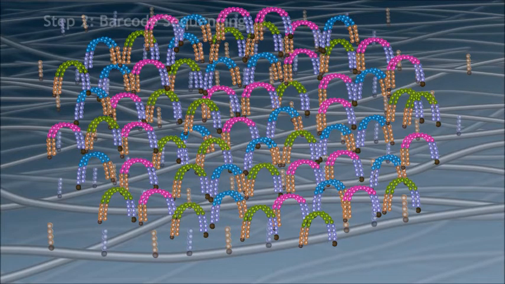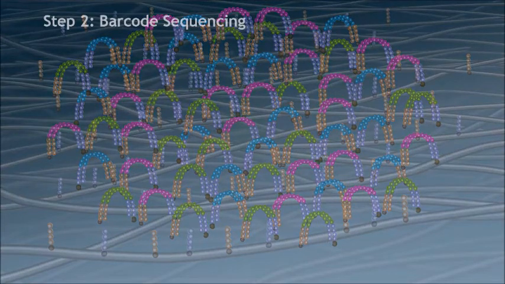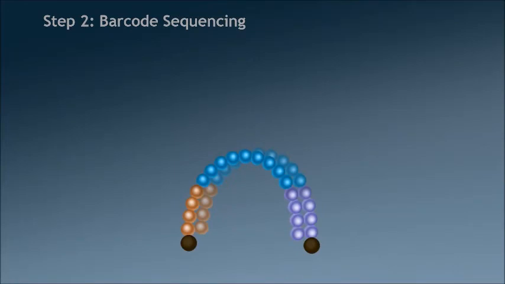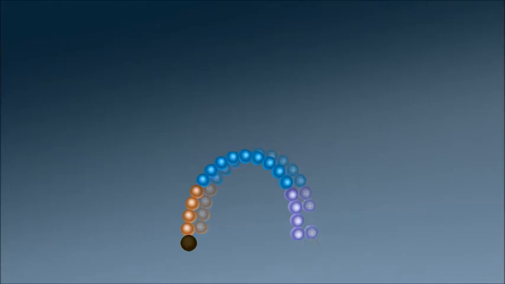Now that we have sufficiently intense signal from amplification, the second step is to sequence the barcode. Let's use a single barcoding DNA as an example. The double-stranded DNA is cleaved and denatured to a single strand for sequencing, which will serve as the sequencing template. A sequencing primer hybridizes to a universal sequence on the barcode.